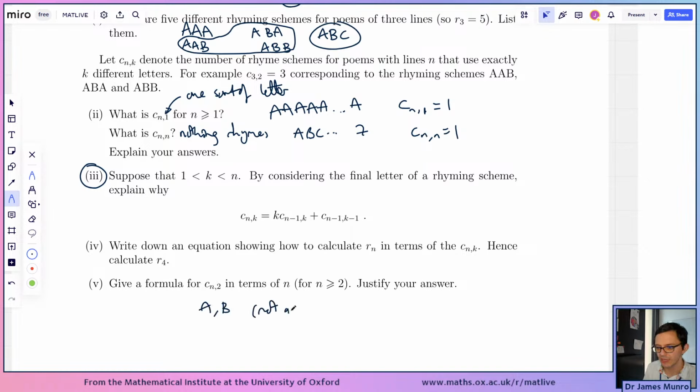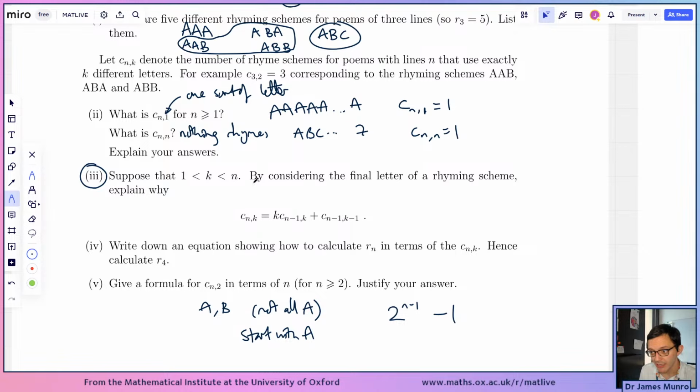So it's not all A, but you've only got 2 letters to play with. So this one feels like you've got to start with A, and you've got to have at least 1 B. So we should rule out the thing that's all A's. But then otherwise, I think you've got free choice of what you do for the other n-1 lines. So I think it's probably this. And I'm not sure I'm going to do this addition and calculation, but let's explain this line and then move on and talk about something else.